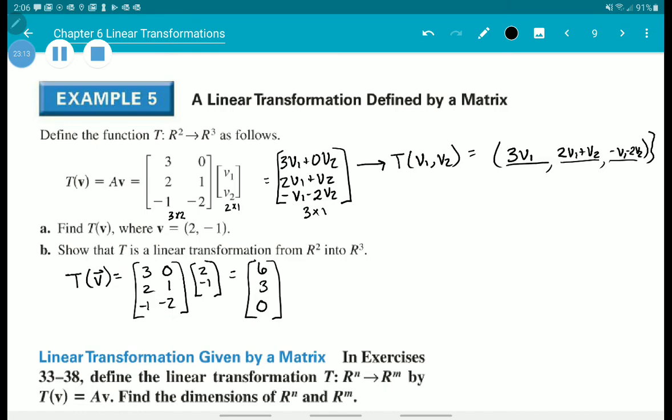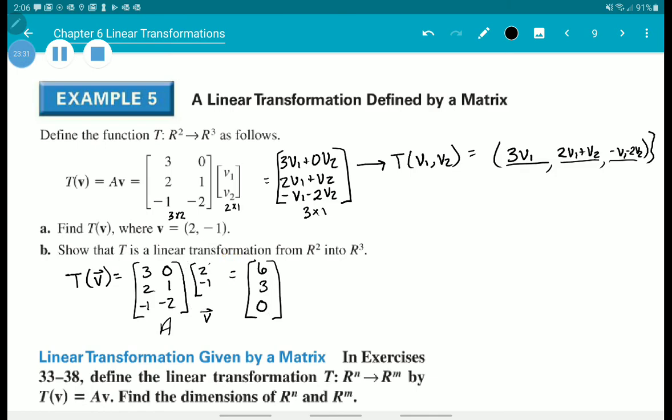Negative 2 plus 2 is 0. So if we were to multiply these out, this is our A, that's our coefficient matrix. And then we apply the transformation and take our vector that's in R2 and multiply. We get this vector in 3 dimensions, 6, 3, 0.